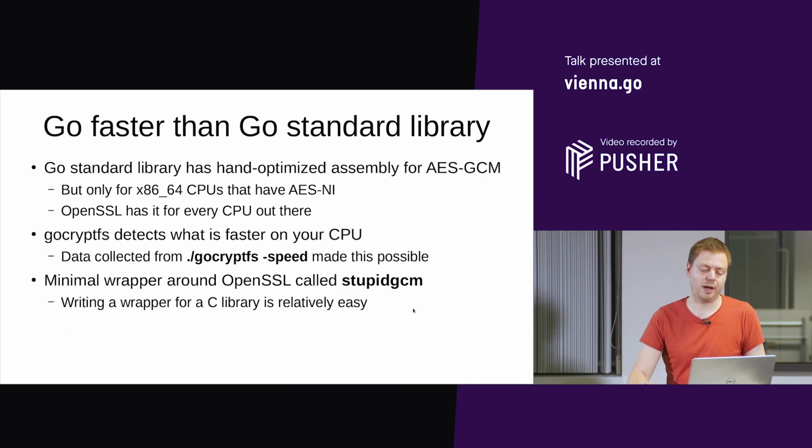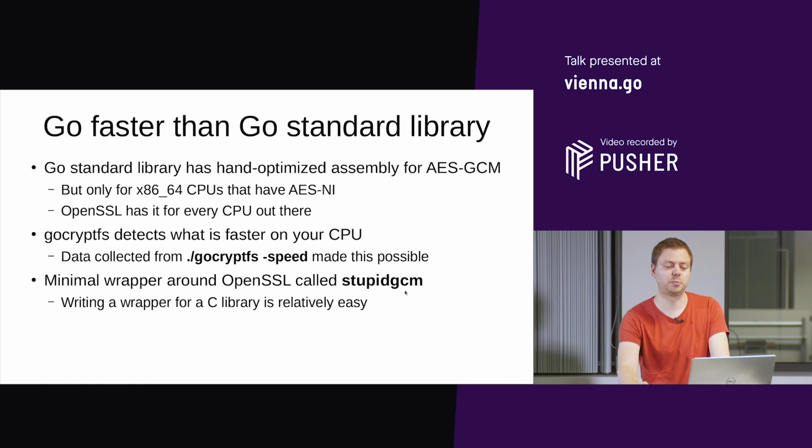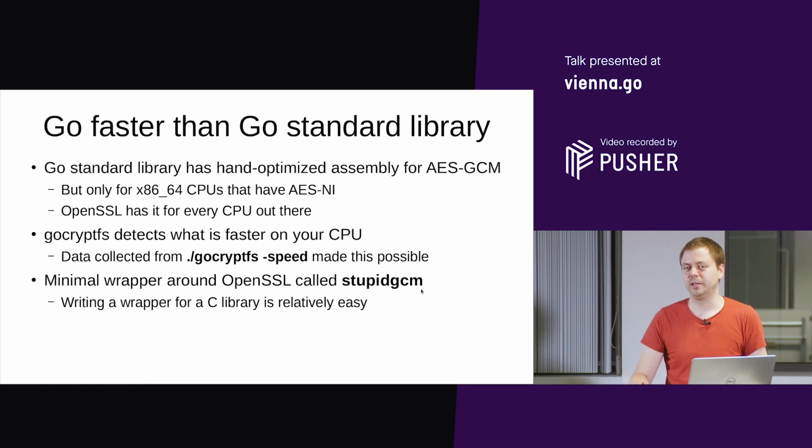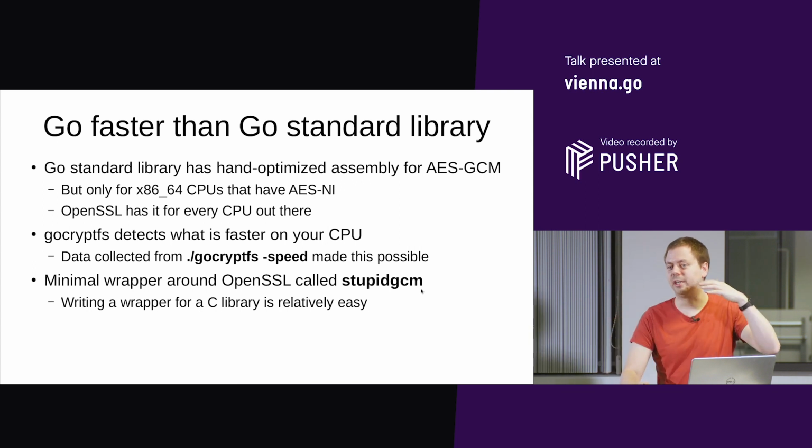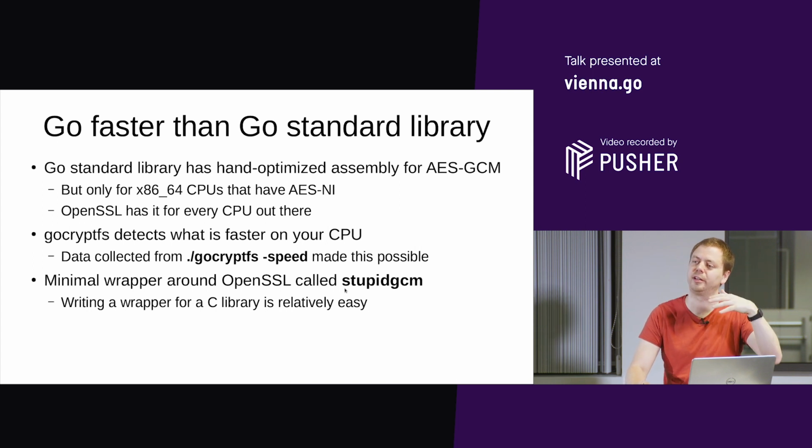I wrote a minimal wrapper around OpenSSL, like language bindings for Go. It's called stupidgcm. It was not that bad, and stupidgcm is called stupid because it only does what gocryptfs really needs, and if you pass other parameters, other key lengths, different nonce sizes, it will just panic and crash your application. But it otherwise works fine.